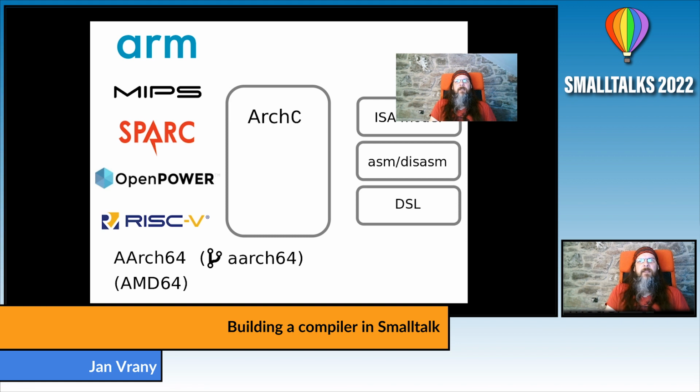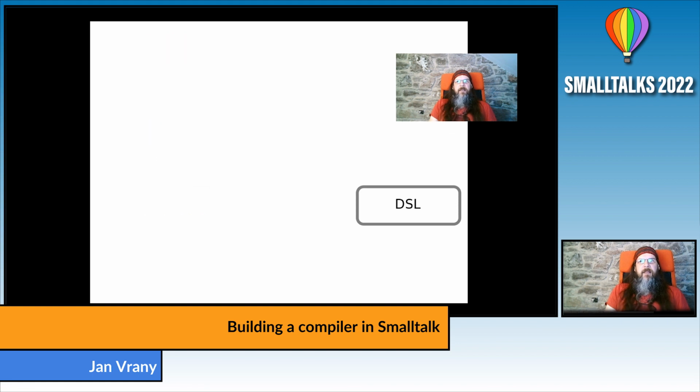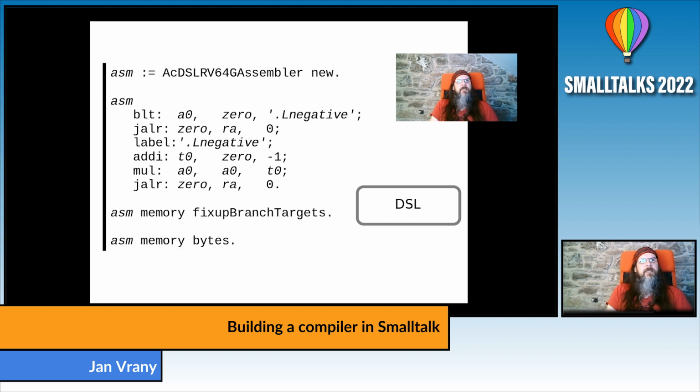Okay, I was talking about DSL, and I just decided to give you a bit of a taste of how that can be used. So if you are generating a code, for example, for RISC-V, then this is how we do it with the DSL.